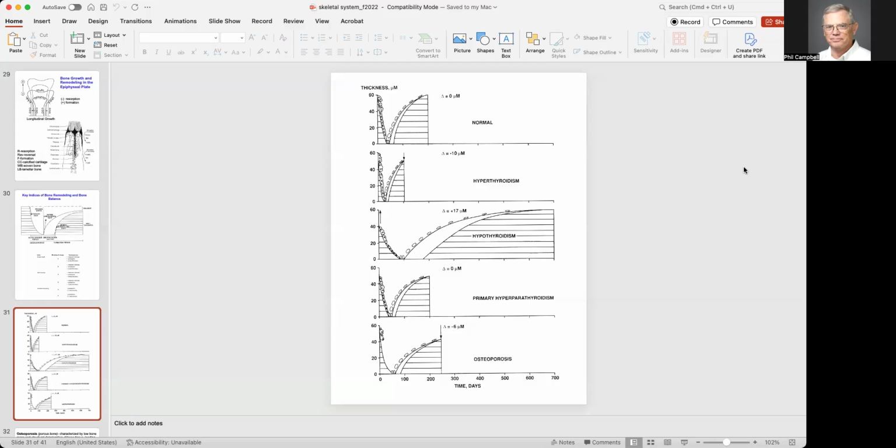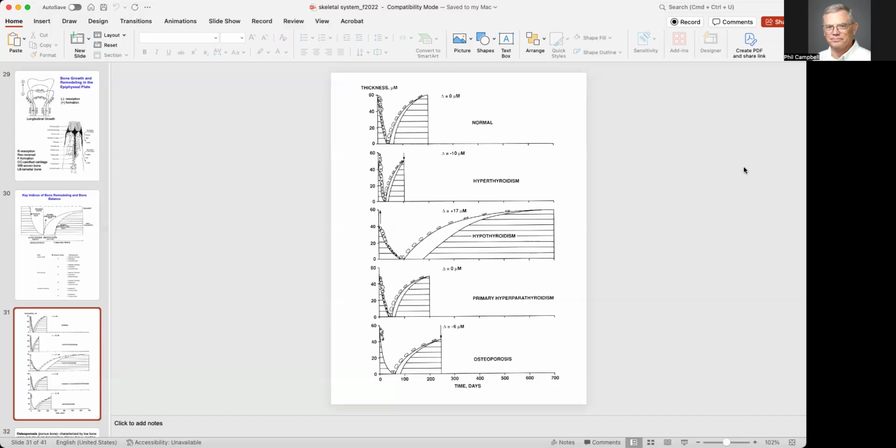At the end of the resorptive phase, just keep it simple, it's 0. Then we have our matrix deposition phase followed by our mineralization phase. This is complete by 200 days. We end up with a post-remodeling thickness of 60 microns. The pre was 60, the post is 60, therefore the delta P is 0. There's been no change in total bone volume, all right?